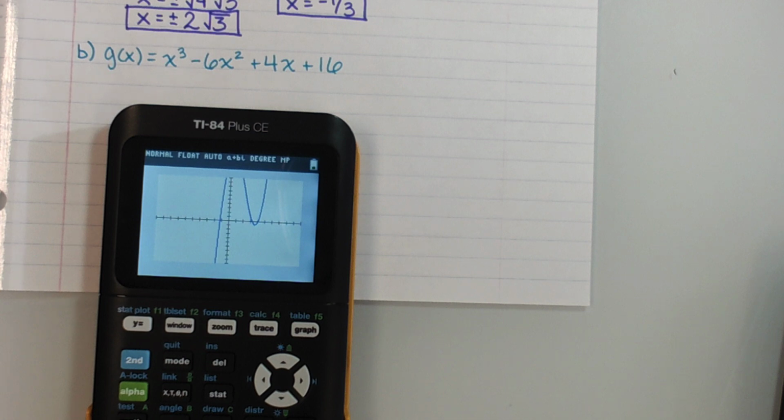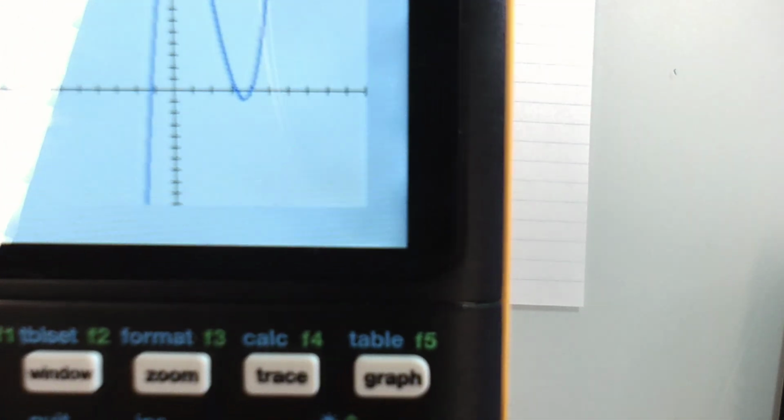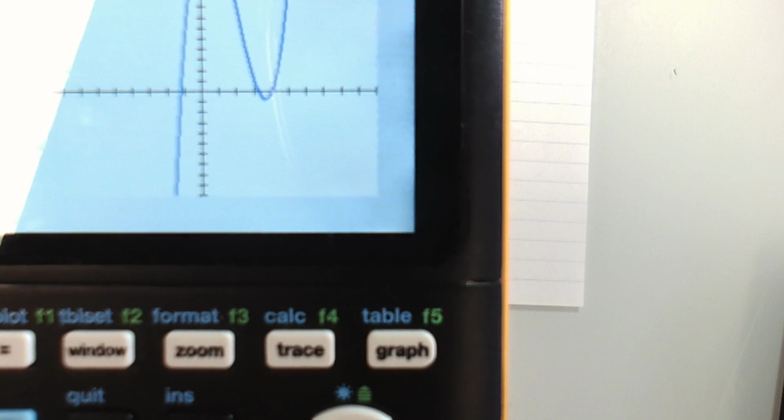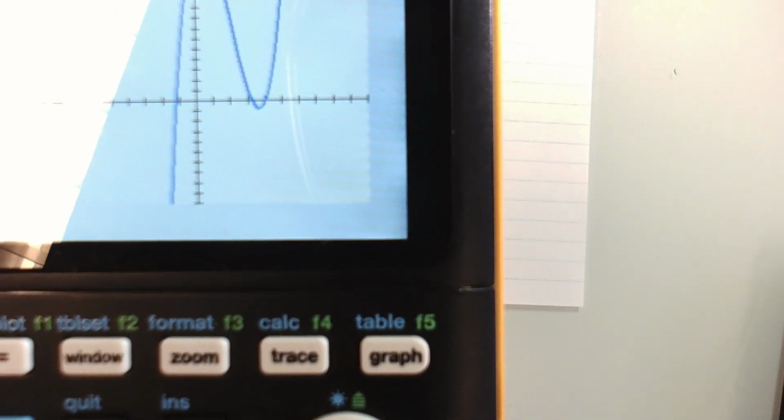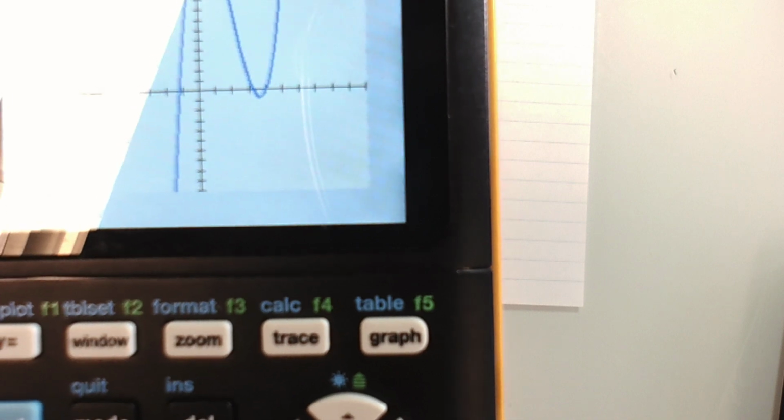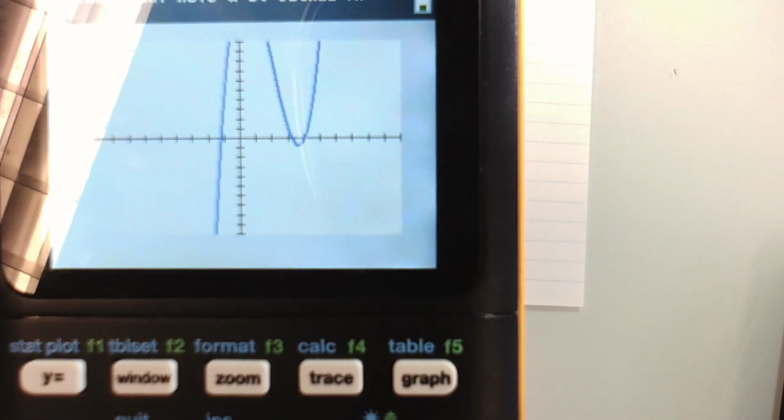Now I have to find whole numbers here. I cannot do the decimals because I don't know exactly what the decimals are. I can estimate, but is that a real root if it's just an estimation? No. Which x-intercept can you tell exactly where it's located? 4. It's hitting the x-axis at x equals 4.